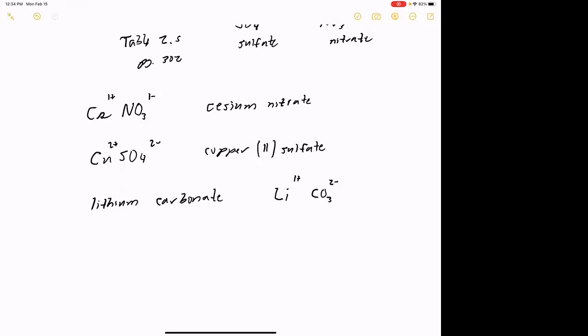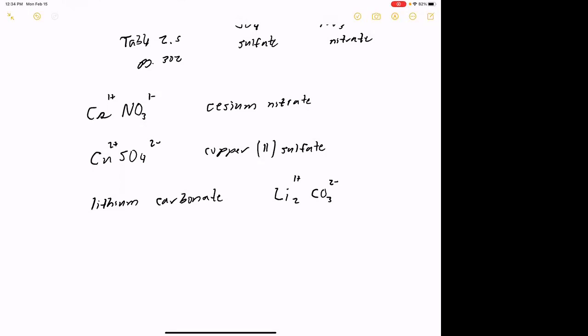Okay, that's carbonate. Now, given what we know here, how many lithiums do I need per carbonate to make the charges work? 2, very good. I'm going to put that downstairs here, right? So Li2CO3, that's lithium carbonate.